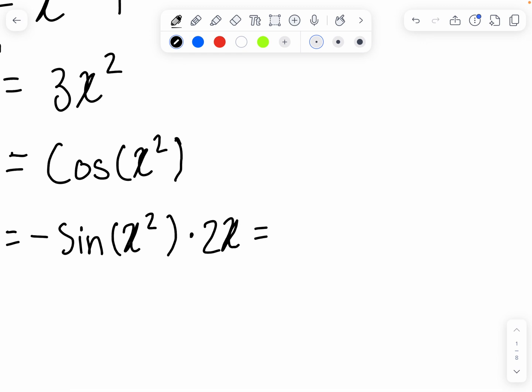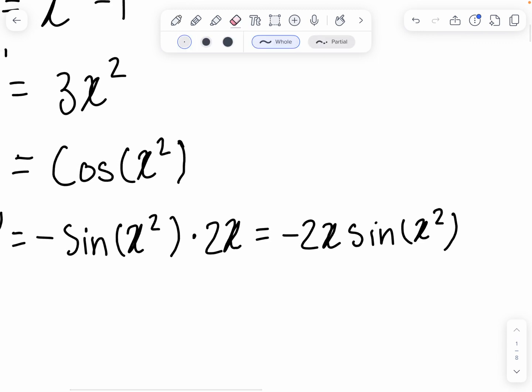So this would equal negative 2x times sine x squared. Okay. Now we erase this part since this isn't needed.